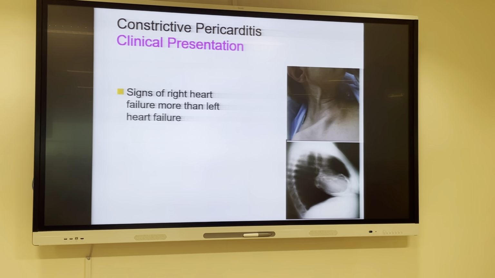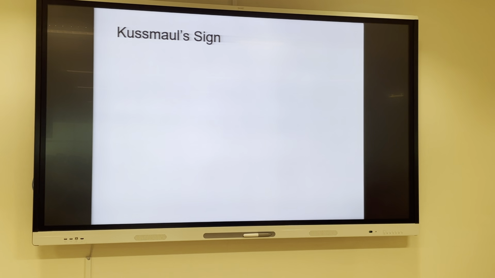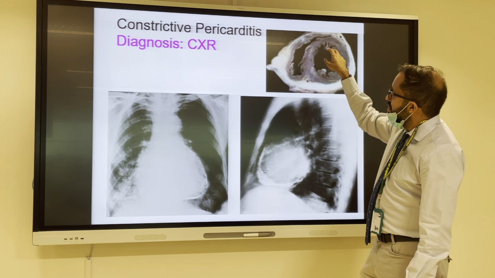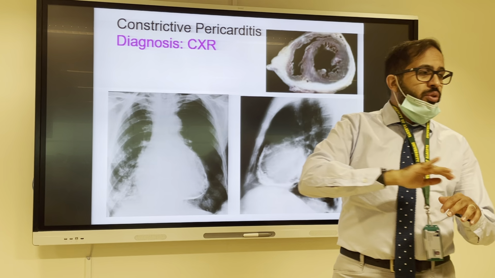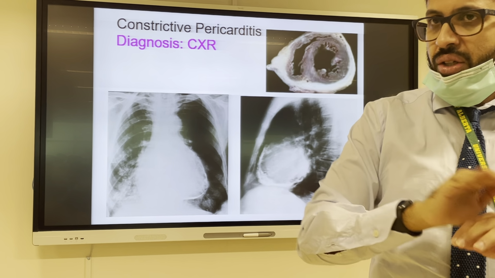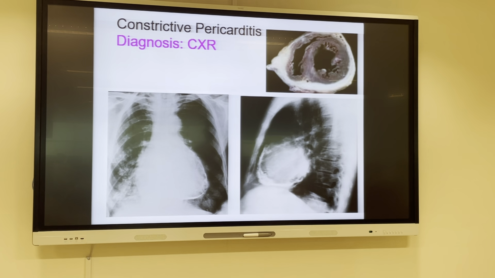They try to peel the pericardium. See, here it is very calcified, lots of calcifications. So the treatment is trying to peel the pericardium. That's what happens. It's a very complex surgery, with variable rates of success.